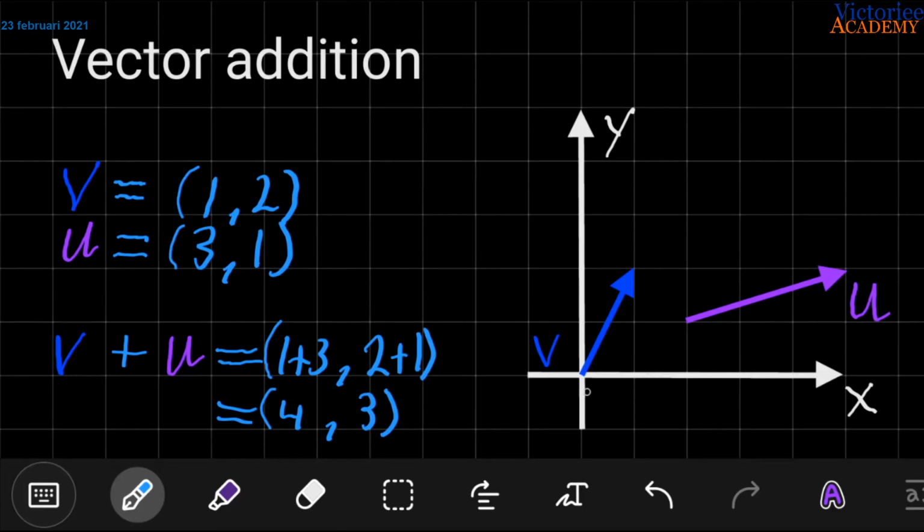We can tell that this vector will be represented by 1, 2, 3, 4, and then 3 up. So there's a pointed vector here. Let's add it to our little system here, so to this point.